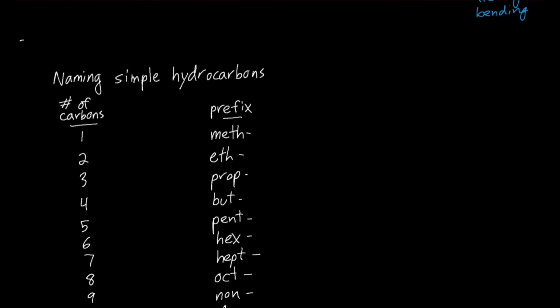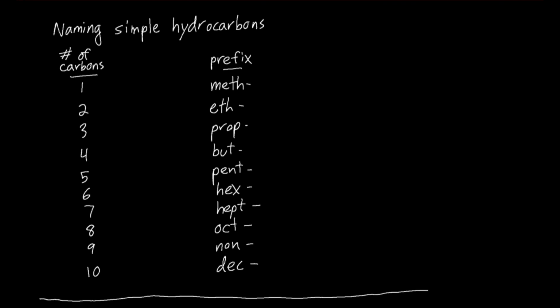Now, I mentioned naming earlier. So to name simple hydrocarbons, we have a list of the number of carbons and then the prefix that goes in front of what they are. So methane, interestingly, could be drawn just as a dot, actually.